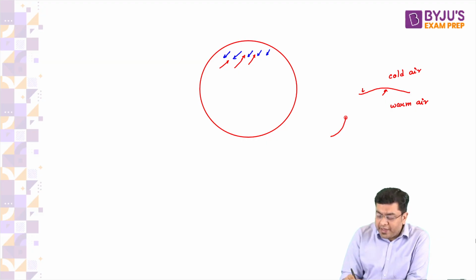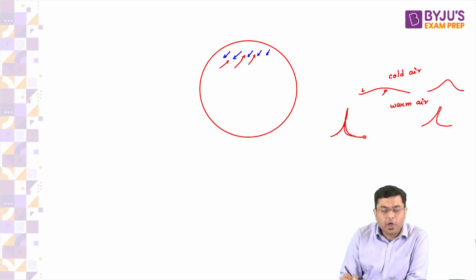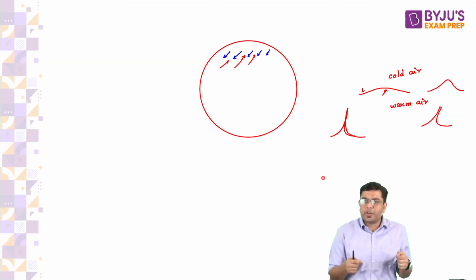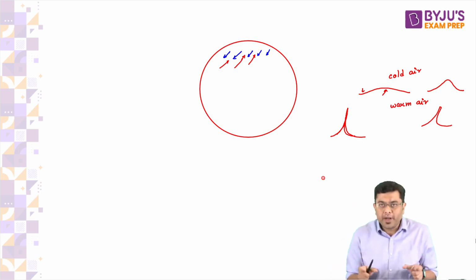From all sides, cold air will start coming in. And eventually, this front will be deformed slightly like this. Then after that, it will be deformed somewhat like this. And eventually, you will have a process where the front starts getting closed. So as the front starts getting closed from all sides, that is what is referred to as an occluded front.